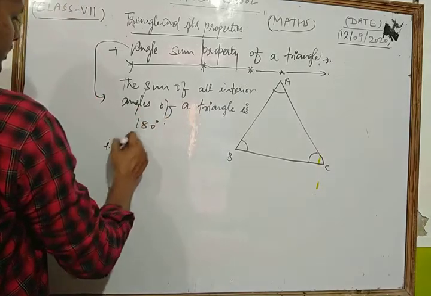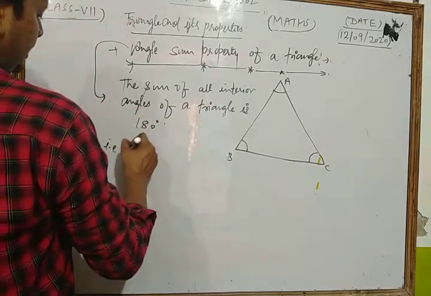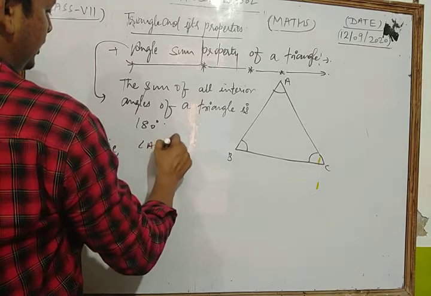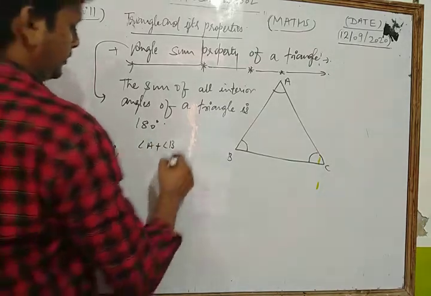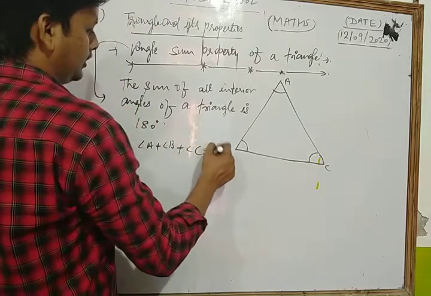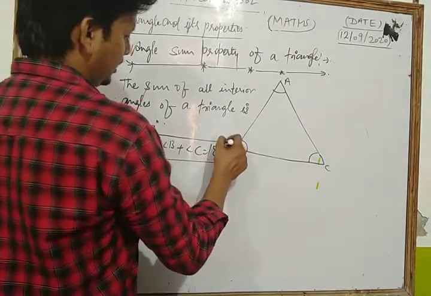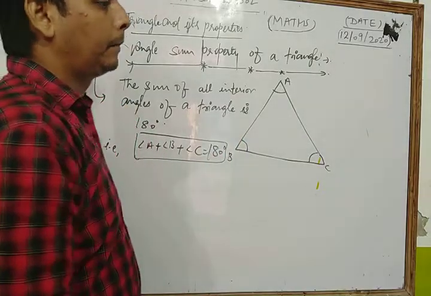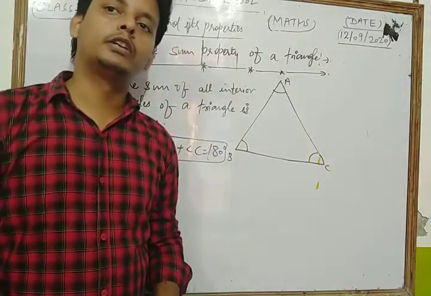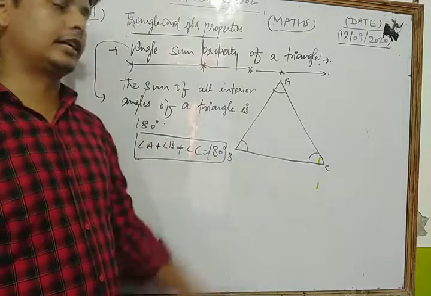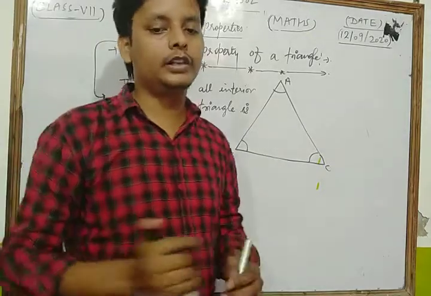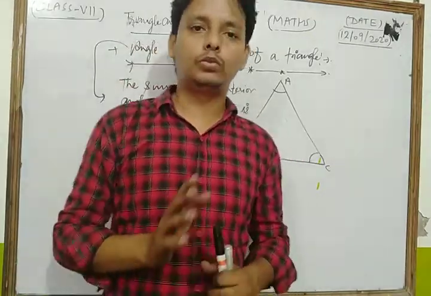That is, we can say that angle A plus angle B plus angle C is equal to 180 degrees. Dear students, this is the angle sum property of a triangle. So in any triangle ABC, the sum of all interior angles is equal to 180.